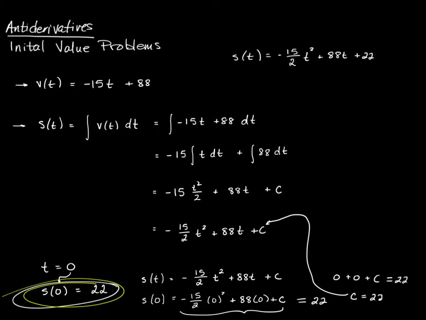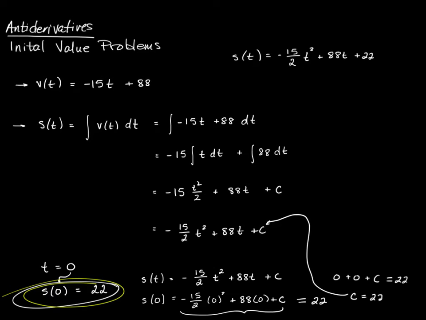I'd like to do one more because there's actually a whole other level we can go to with a problem like this. In this particular example, I was given the velocity function and asked to find the position function and then told what the initial position was. But what if I'm given the acceleration function and asked to find the position?